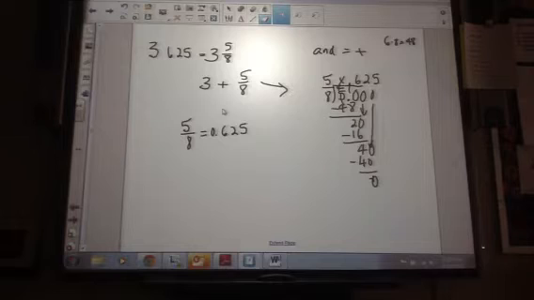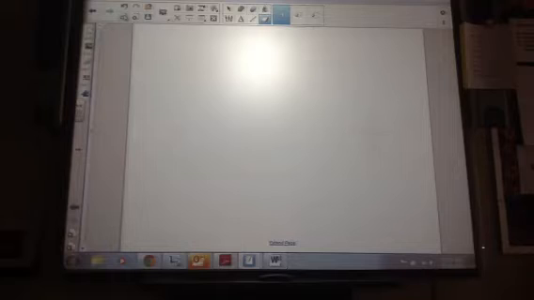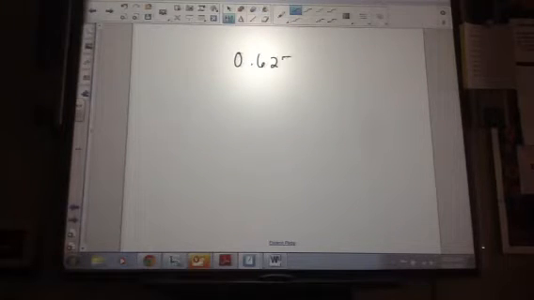What if I want to go from 625 thousandths to 5/8? That's what I'd like to show you. 625 thousandths. Now I keep saying 625 thousandths, so that means it's 625 over 1000, right? And then, just like the other night, and we're not going to go through this today, we'll do some in class.